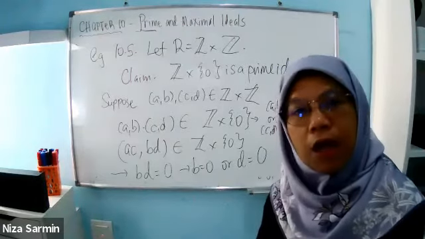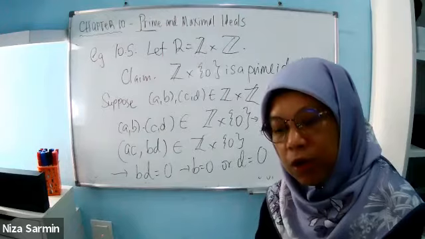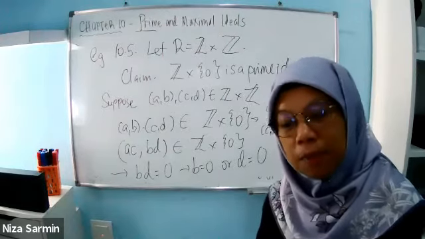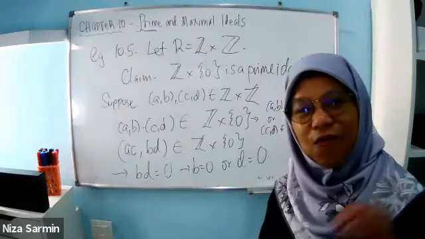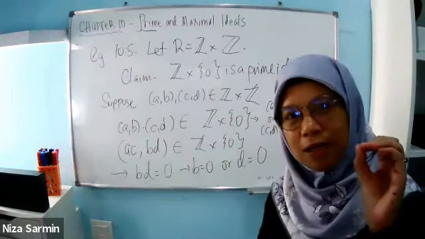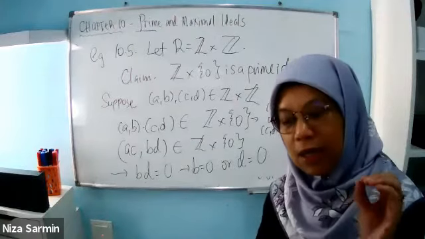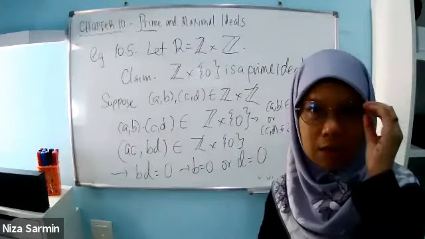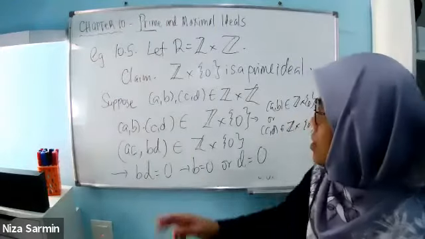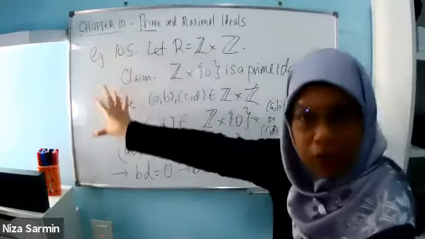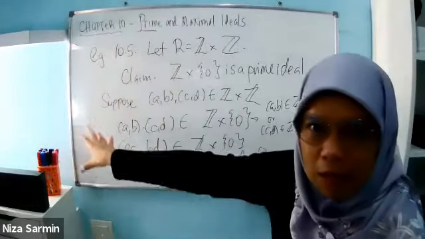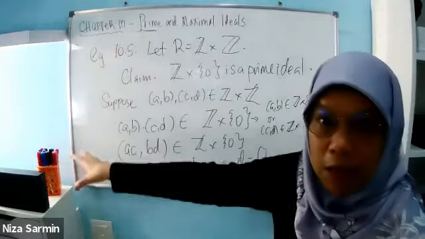Every maximal ideal in a commutative ring R with unity is a prime ideal. And that is why just now in Z12, we already got the maximal ideals.